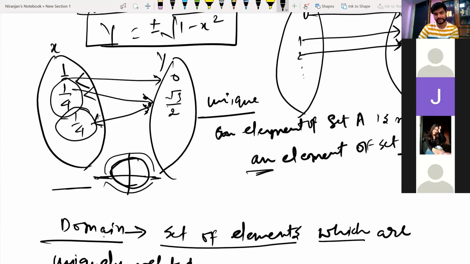If you just make one horizontal line on this curve for 1 x, how many y's are you getting? You're getting 2 y's. So can you say that this is uniquely related?